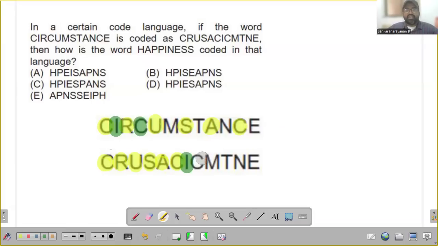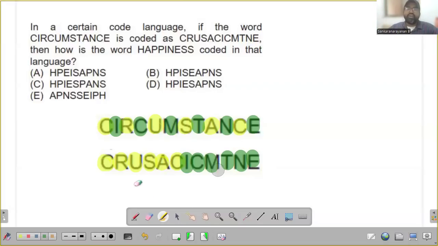C is presented here. M is presented here. Then the T is presented here. N is here. And this final E is here. So I can see that here the alternate letters are grouped together. In other words, the letters in the odd positions are presented first. The letters in the even positions are presented later in that order.